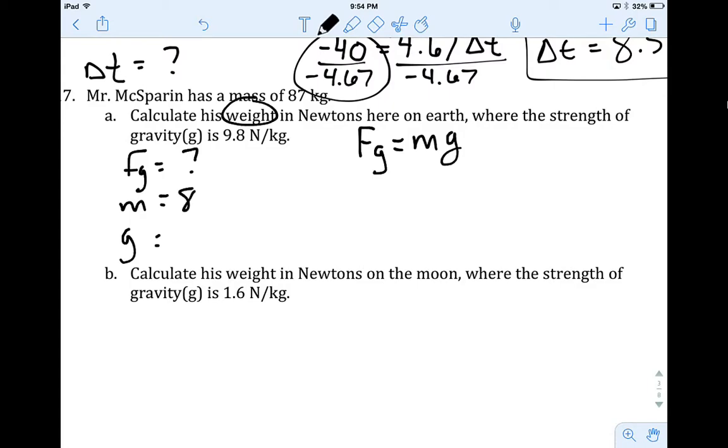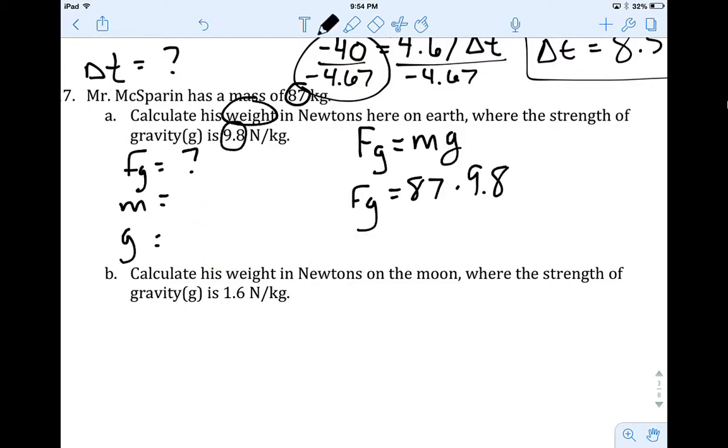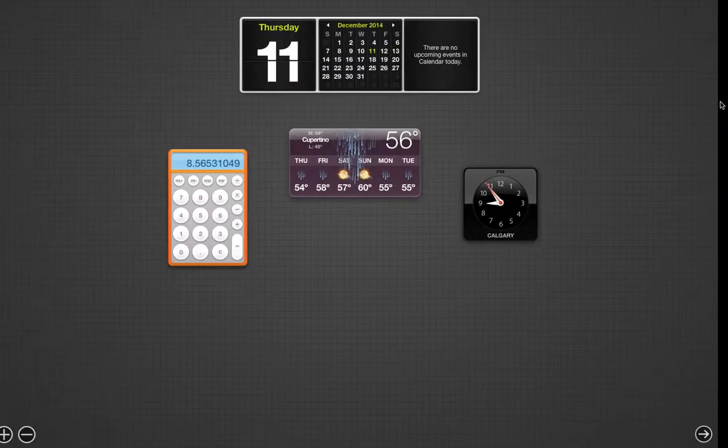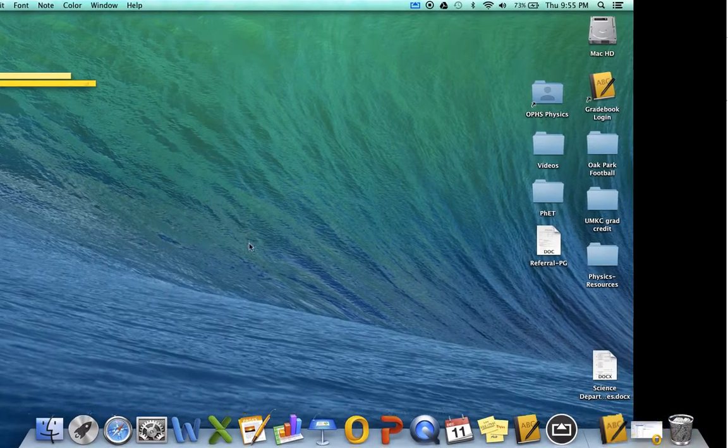Mass is 87 kilograms. That came from right there. And then g is 9.8. That came from right there. So all I'm going to do is go Fg equals 87 times 9.8, and I'll get, let's go here, clear, 87 times 9.8, and I get 852.6.